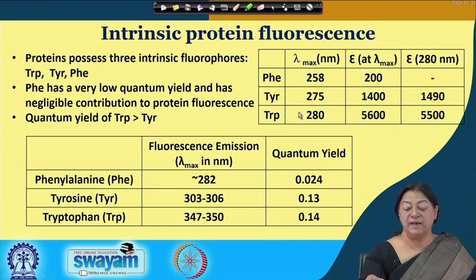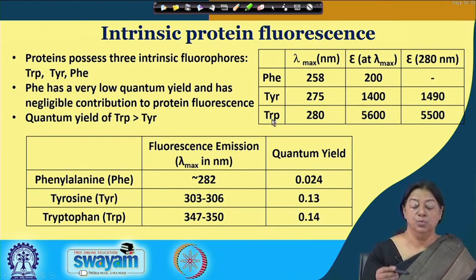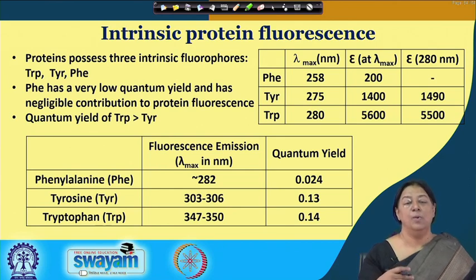These lambda max values mean that at this particular wavelength, this amino acid has the highest absorbance, which means that it is going to absorb the maximum amount of energy at that specific wavelength. So, once the excitation takes place, this is going to lose its energy in the form of fluorescence. It is going to fluoresce.